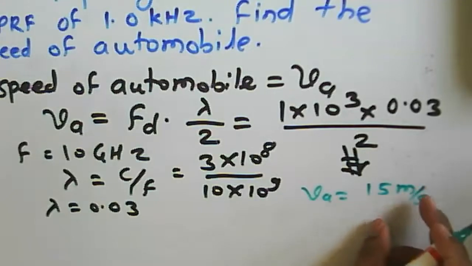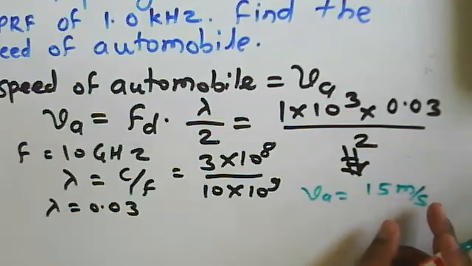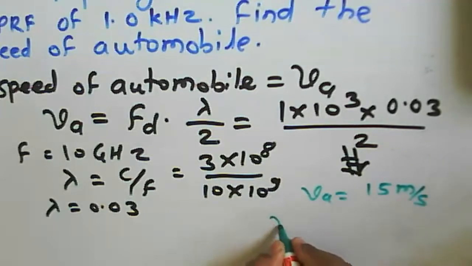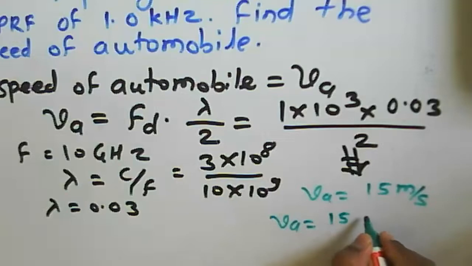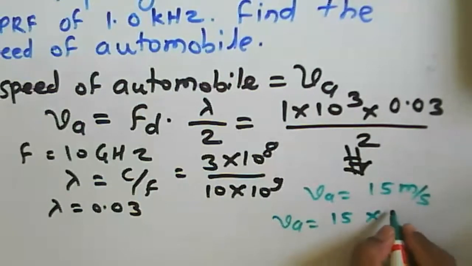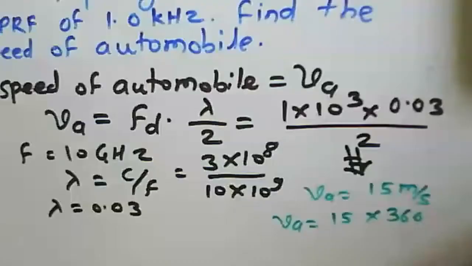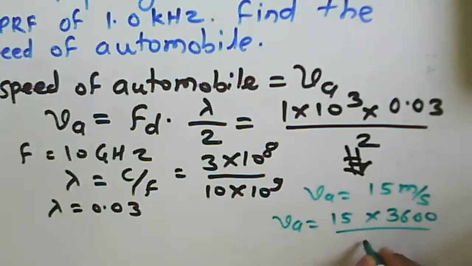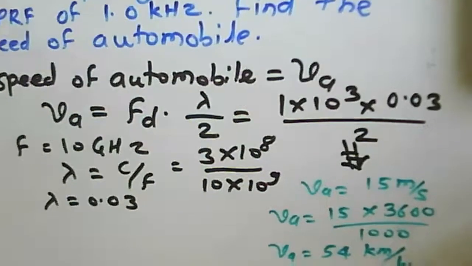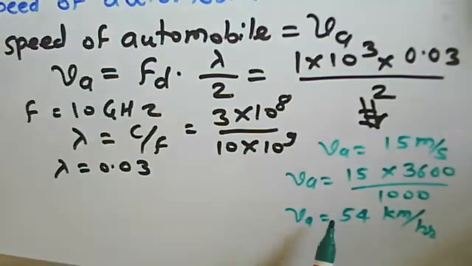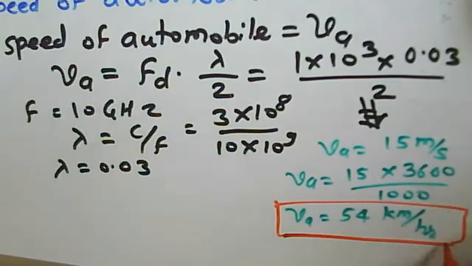Now we need to convert meters per second to kilometers per hour. So 15 into 3600 divided by 1000, and we get VA equal to 54 kilometers per hour.